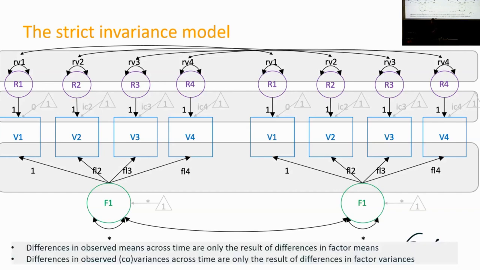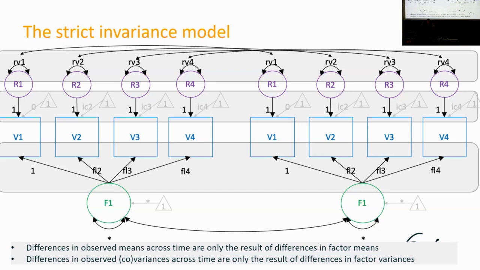And then we know that differences in observed means across time are only the result of differences in factor means and not any other aspect of the measurement model. And in addition to that, differences in observed variances or covariances across time are also only the result of differences in factor variances or covariances.